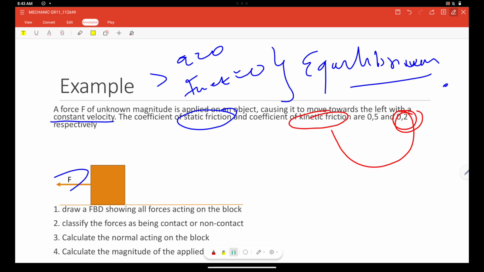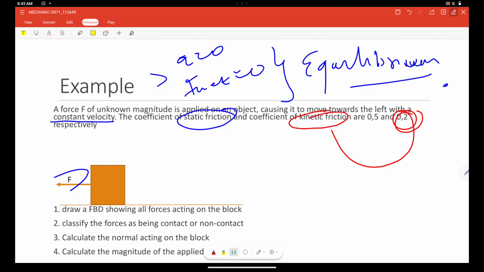So we need to decide on which one we are going to be using here. And remember, do not assume the surface is frictionless unless they say so. So they did not say anything here about the surface being frictionless. But for the mere fact that they give us the coefficient, it means that the surface is rough. It's not frictionless. There's friction there.